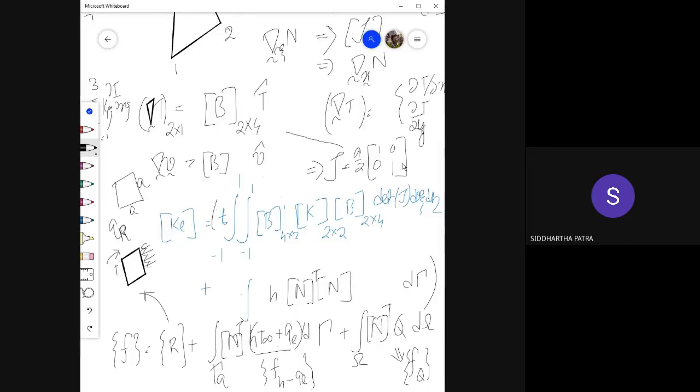So I think it's a lot simpler problem for you to integrate. So the second assignment of the day is to evaluate each of these terms symbolically for a four-noded quad element.